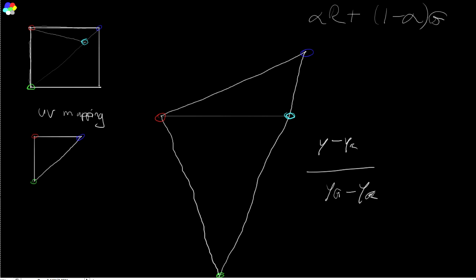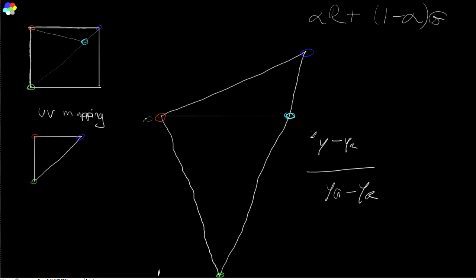Yes, I think that's what it is. And then in this case, if y is equal to y green, this would be equal to 1. And if y is equal to y red, this would be equal to 0. So now we get a value from 0 to 1.